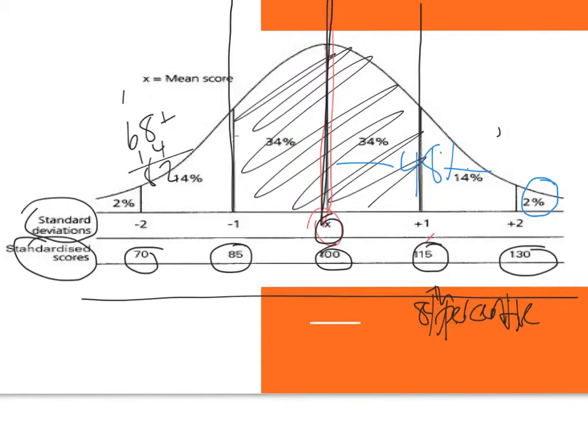This would involve adding this, and that would be 68% of people who fall within one standard deviation above and one standard deviation below. Again, you have to play with that, and hopefully we'll have time to practice this in class or through assignments.